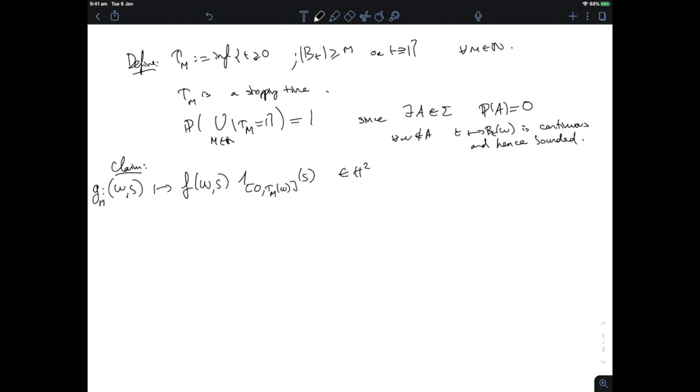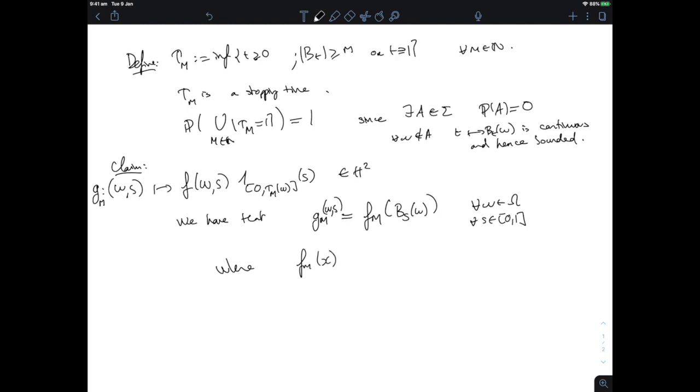Let's say Gm. So what we have is that Gm at a point omega, s, is equal to Fm of Bs of omega for all omega in Omega and for all s in [0, 1], where Fm of x is just the function equal to f of x whenever x is smaller than m, so f times the indicator function of the interval minus m, m.